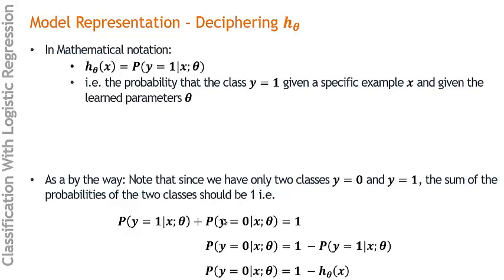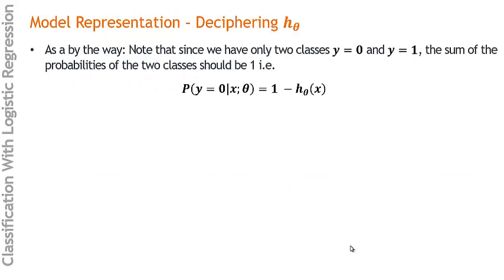So here we simply rearrange, and we take the first term to the right-hand side, and we can re-express the probability that y equals 0 also in terms of h sub theta. So we always have two ways of saying the same thing.